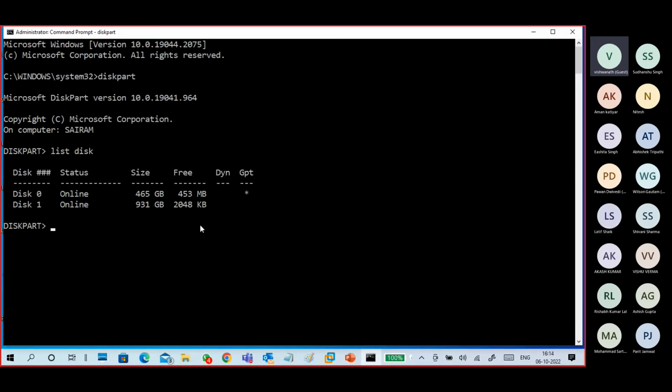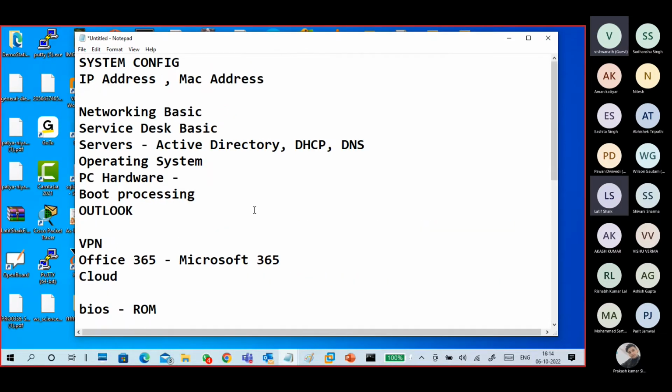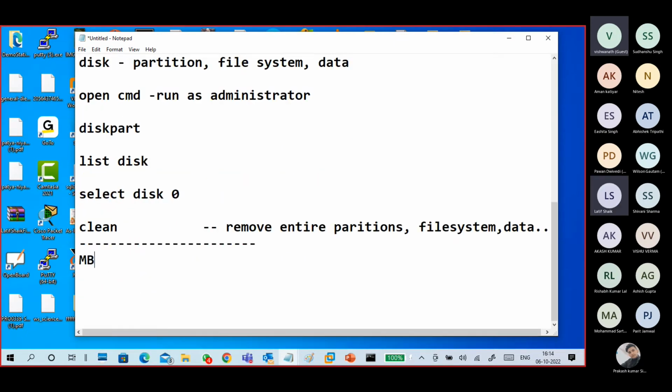MBR and GPT I will tell in the hardware components. But I will tell something: MBR means master boot record, and GPT means GUID partition table.